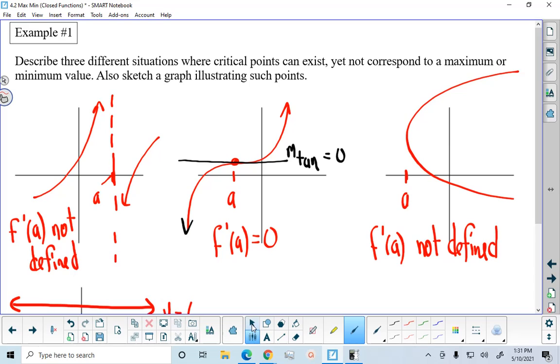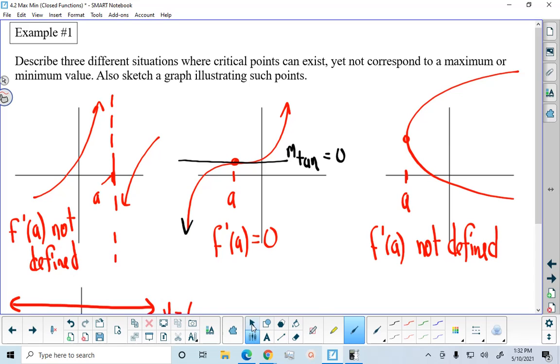Can you tell me what the slope of the tangent is there? Can anybody tell me what the slope of the tangent is at that point? Right here. It's infinite. Yeah, it's infinity. And infinity is another way of saying not defined.